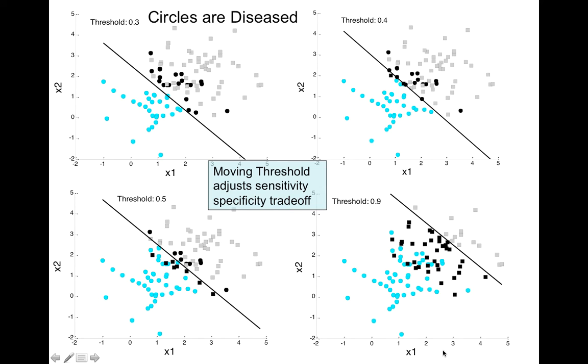In that case, you might want this kind of thresholding, because you want to be sure that everyone with the disease is correctly identified as having the disease. And the people who don't have the disease, okay, it costs you a little more money to run an extra test, but that's probably okay.